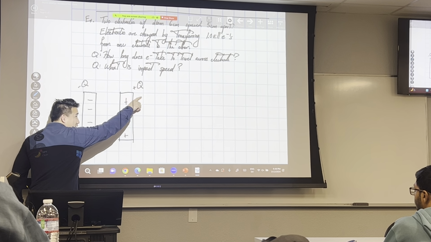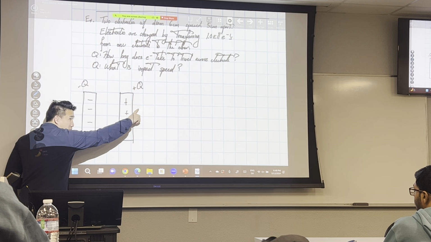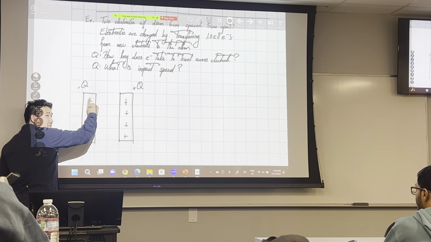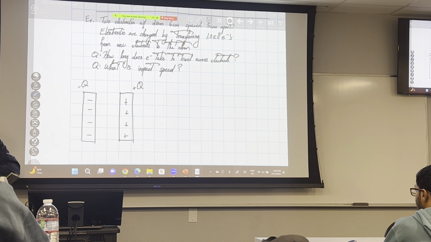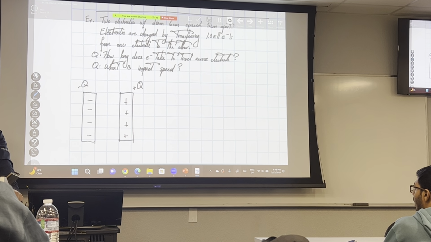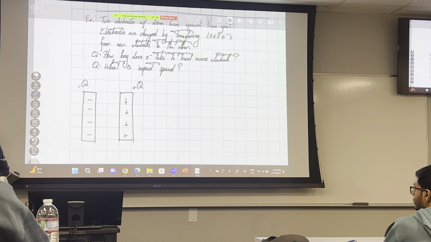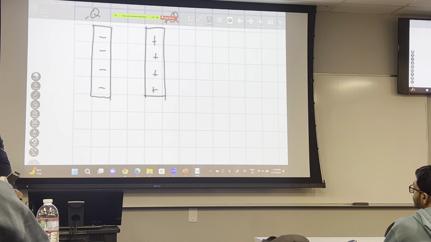This lost the same amount of charge that this gained, so they're going to have the same but opposite charges. It's like I took $2 from you. You lost the same amount that I gained. So they're going to have the same Q.